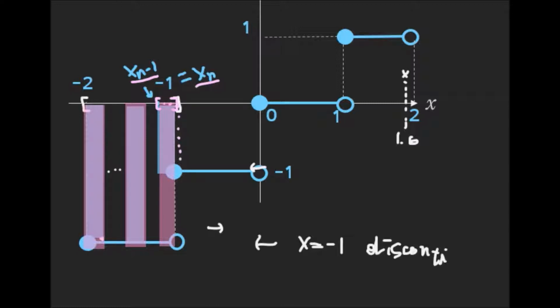In this case, we consider the lower sum, because we can take the infimum value for small m_n star when x_n star is contained in [x_{n-1}, x_n], which means minus 1.